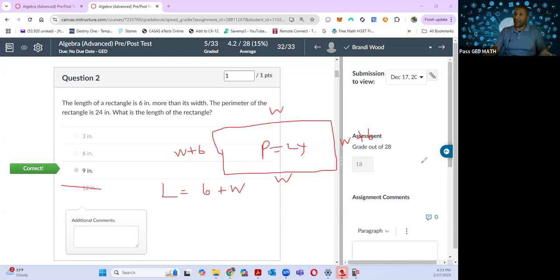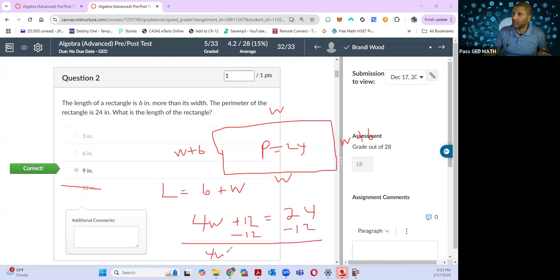Combine like terms, you get 4W plus 12 equals 24. Subtract 12 from both sides. You get 4W equals 12. Divide both sides by 4. You get W equals 3.